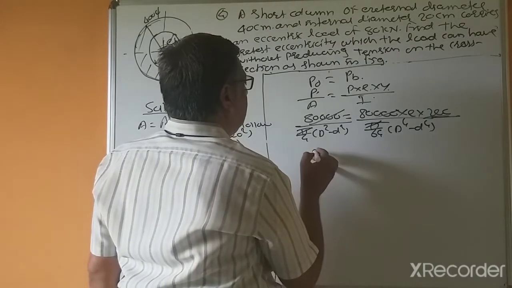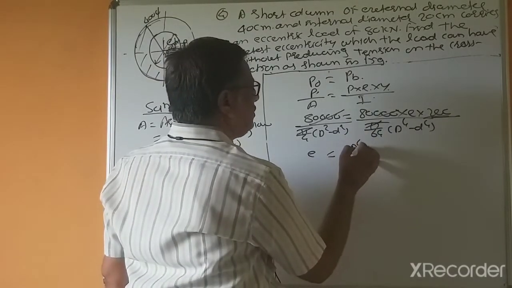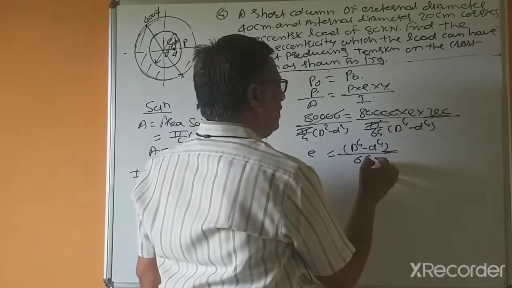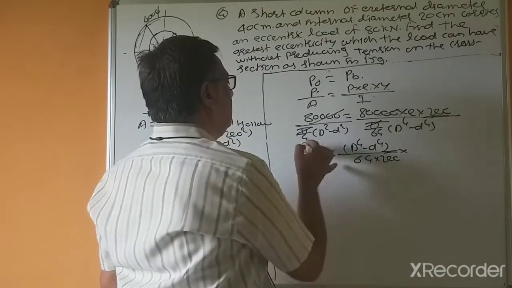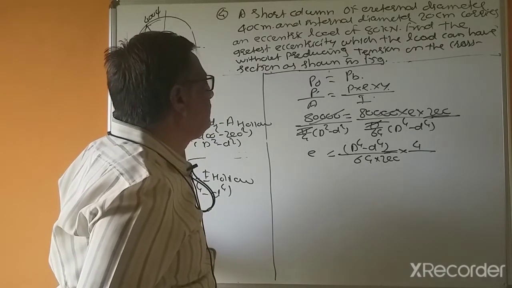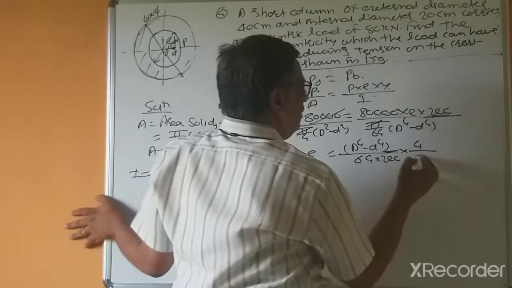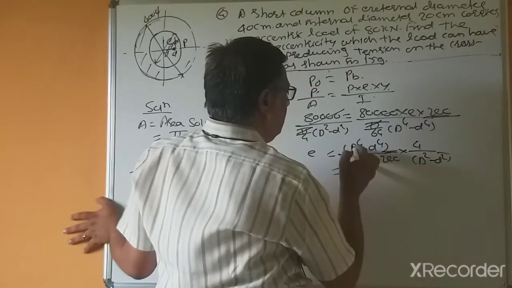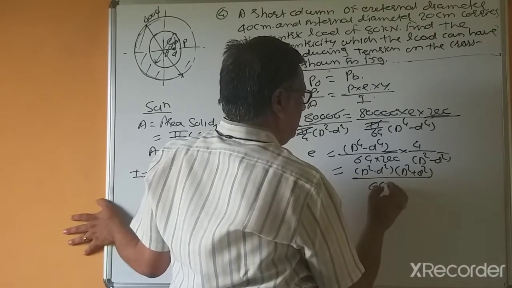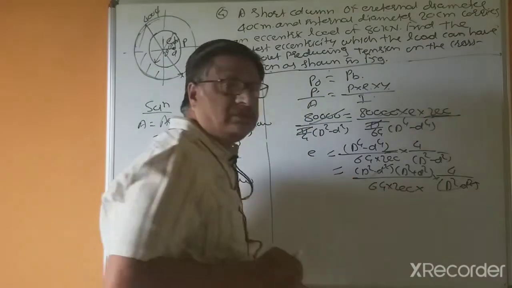Next, E equal to, by cross multiplication, D raised to 4 minus small d raised to 4 divided by 64, and this is also 200, multiplied by this 4 which goes on the top side, divided by capital D square minus small d square. This will get cancelled, right?